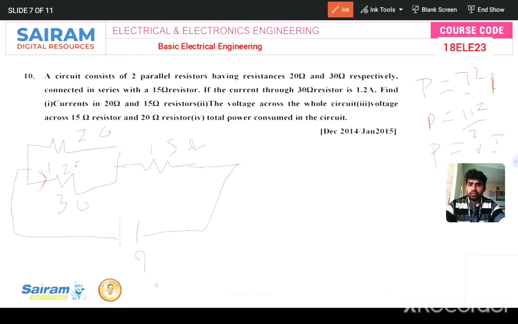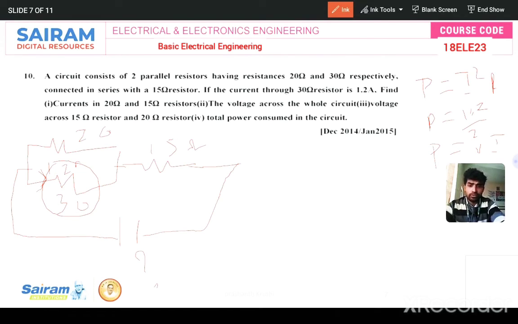See, voltage is not given and the current given here is 1.2 amps. How do you calculate the voltage for the circuit? See the question properly, they have given the clue over here, 1.2 amps. So you can calculate the voltage from that.